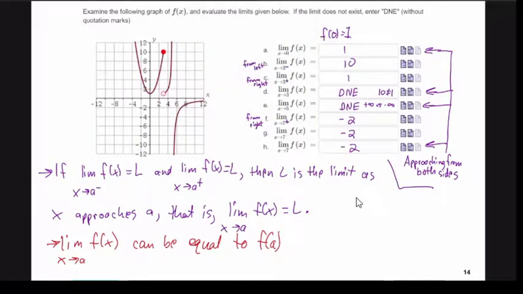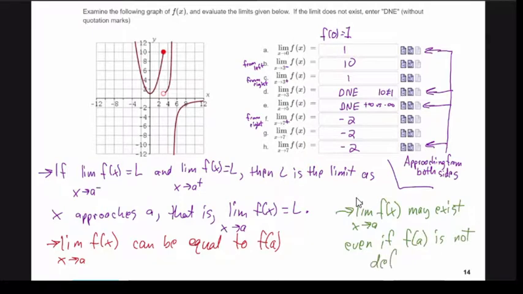We've done that already. Finally, the limit as x approaches a of f of x may exist even if f of a is not defined.